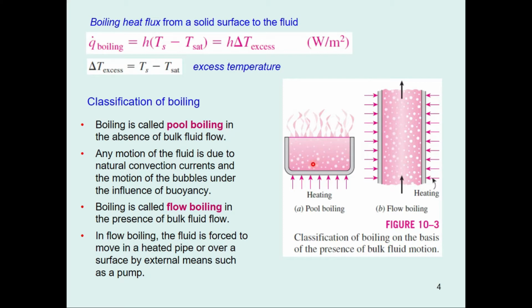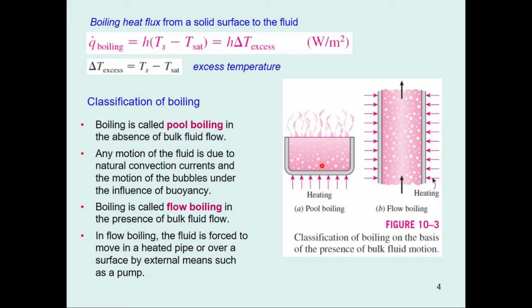This kind of phenomenon is called pool boiling. Any motion of the fluid is due to natural convection currents and the motion of the bubbles under the influence of the buoyancy force, which is the process known as pool boiling.